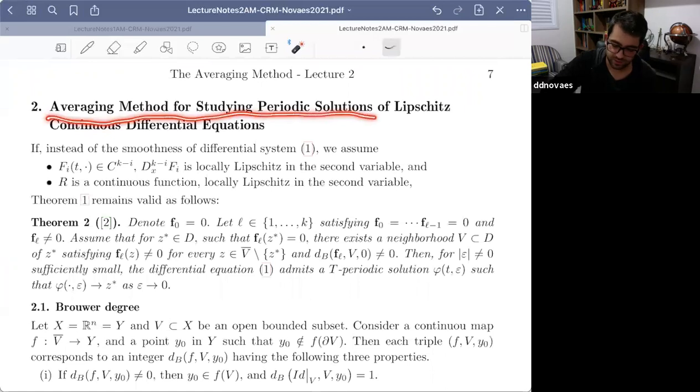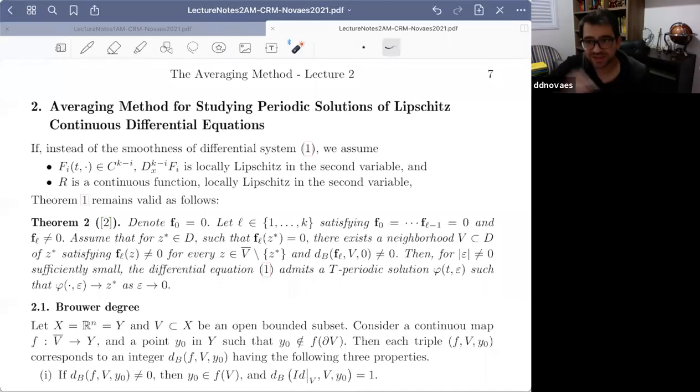Averaging method for studying periodic solutions of Lipschitz continuous differential equations. So instead of the smoothness of the differential system that we have assumed, let's assume that the function f_i belongs to the class C^{k-i} of differentiability, and in addition, that the (k-i)-th derivative of f_i is locally Lipschitz in the second variable, and also that R is a continuous function locally Lipschitz in the second variable.